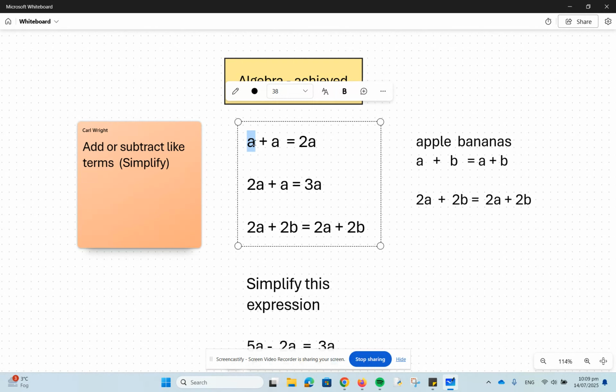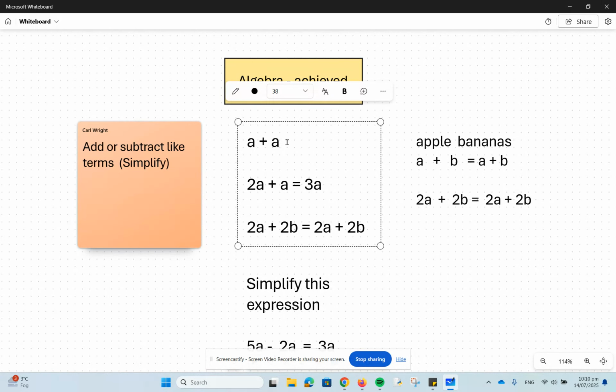If I'm trying to simplify an expression like a plus a, I can add like terms. Now, if the letter is the same, and they're separated by some sort of operator like a plus or a minus, and the power is the same, so this is a to the power of 1, and this is a to the power of 1, you can add them together.